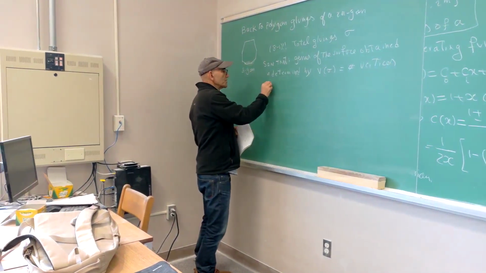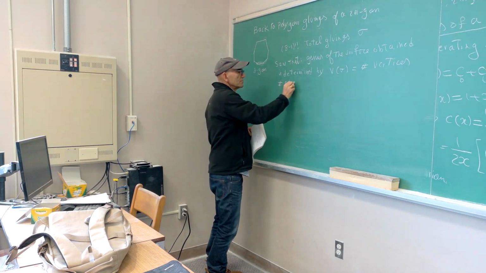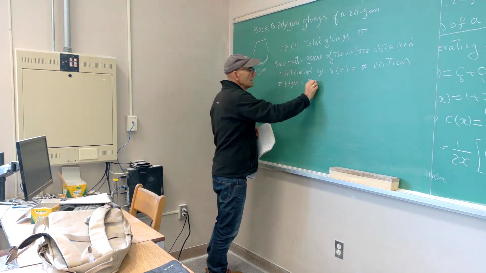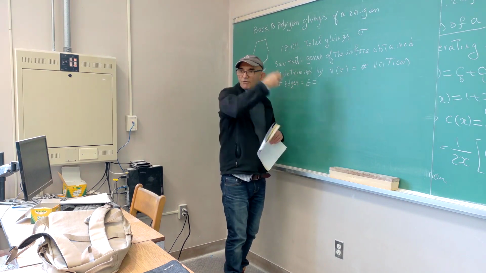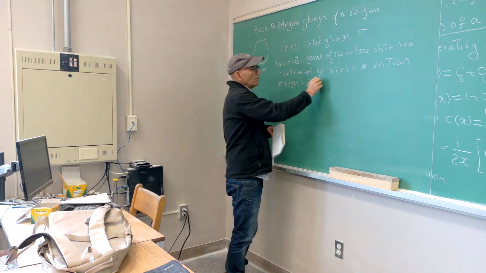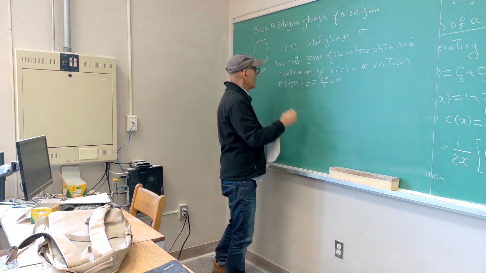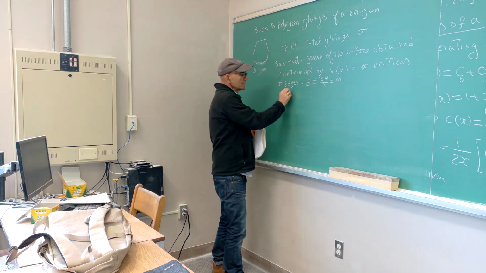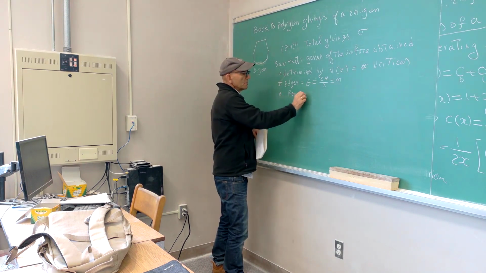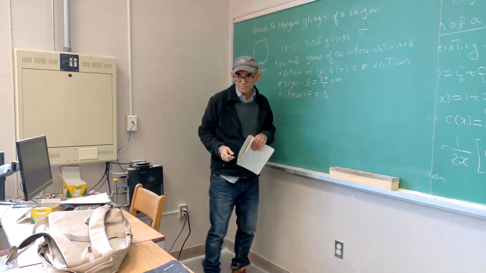Because the number of edges is E, always half of the number of edge sides, because you're gluing across, right? It's 2M over 2, equal to M. And the number of faces, which is F, is always 1, right?